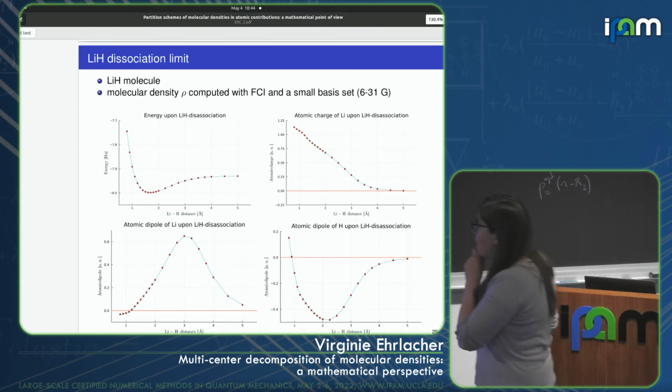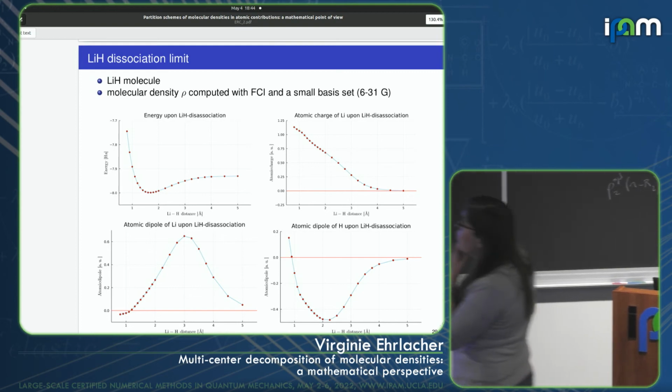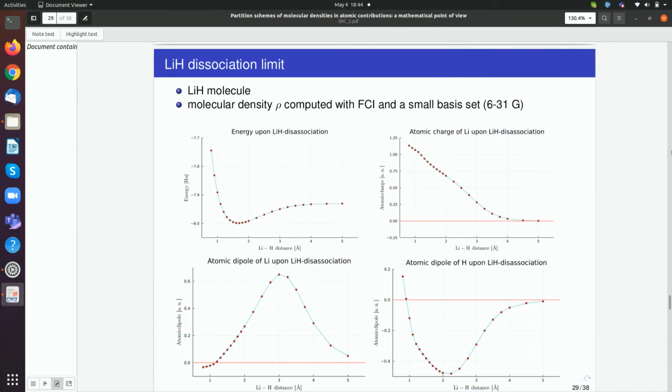Okay, so let's first have a look at what happened for the LiH molecule. Here we only computed the ISA solution with a very large basis set spanned by piecewise affine basis functions.